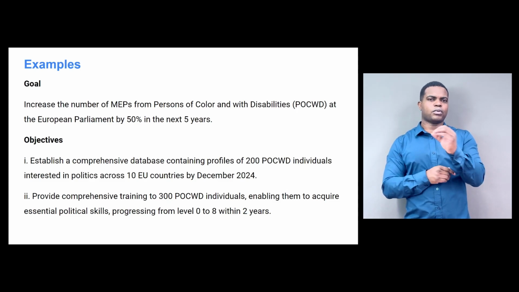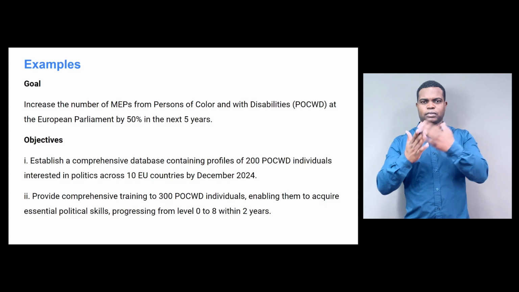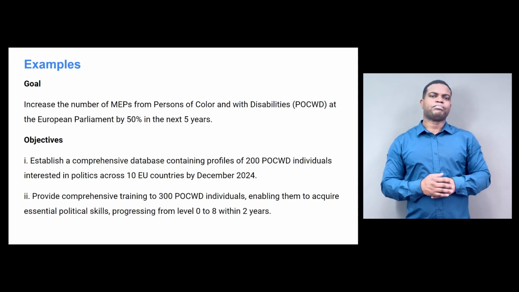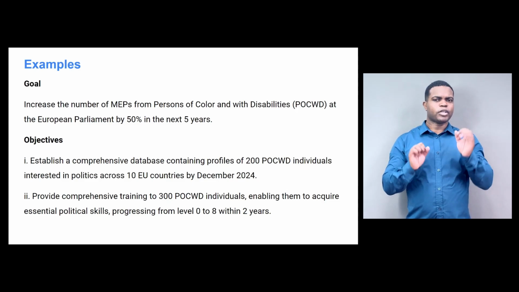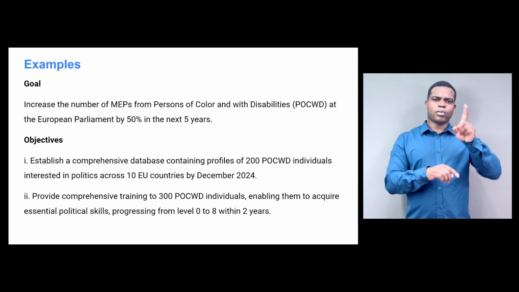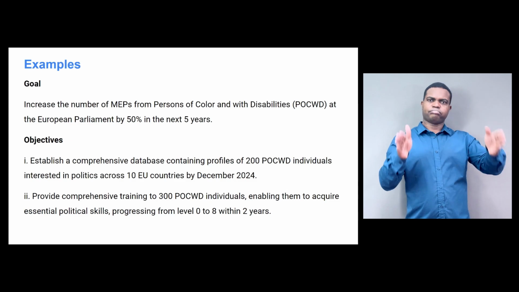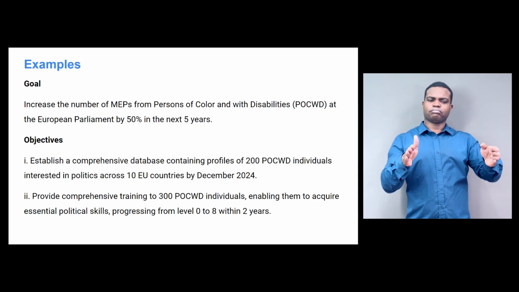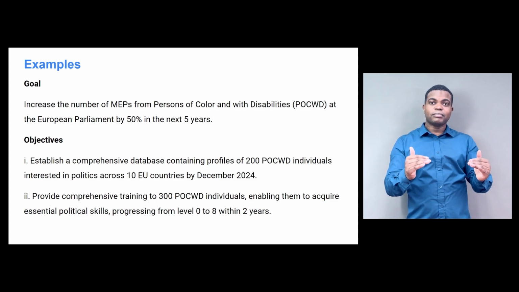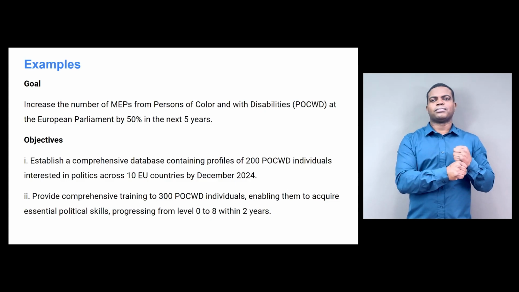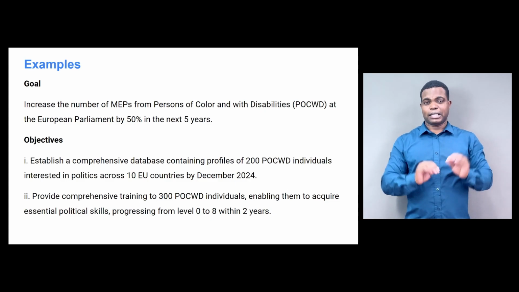We have 200 POCWD here. They are measurable. They are achievable, they are realistic, and they are time bound. You can see December 2024, and you can see within 2 years in the second objective.